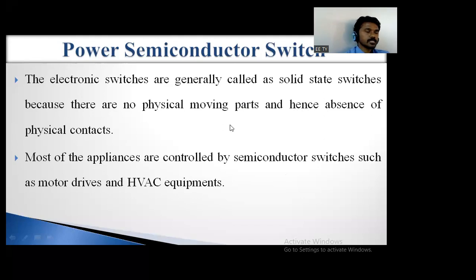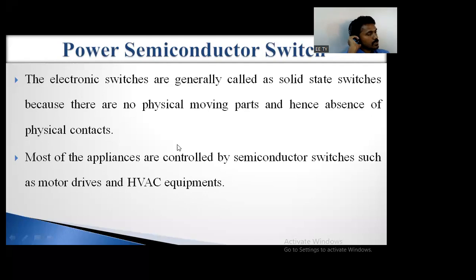Why are these called solid state switches? Because generally the switches on a switchboard have a moving part. In some cases we provide switches that move forward and backward; that is also a movable switch. But these power semiconductor devices operated as switches do not have any moving parts.